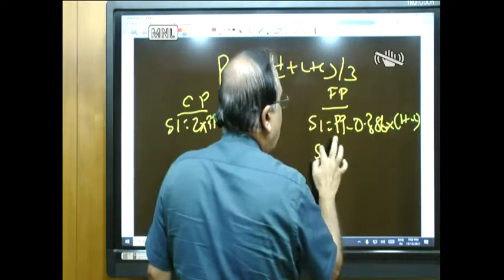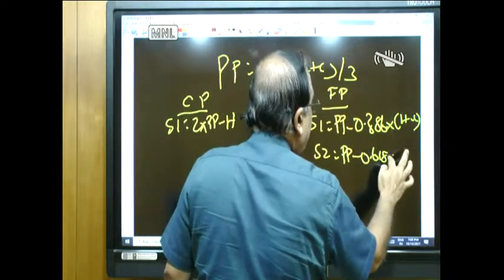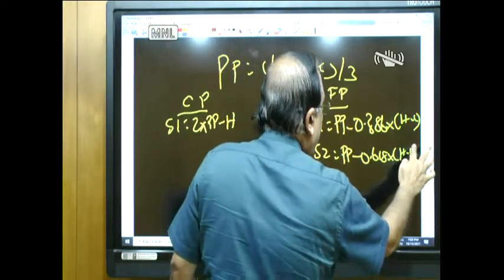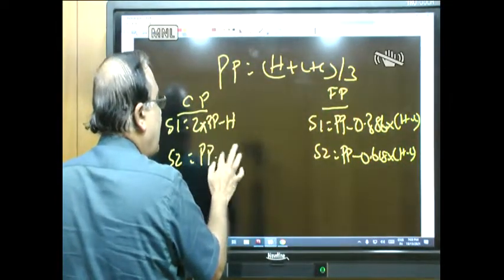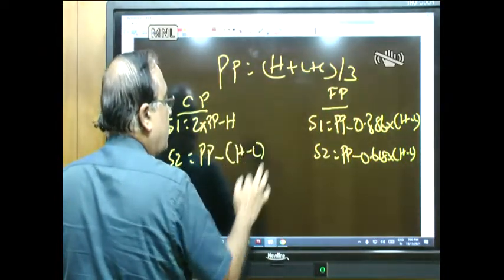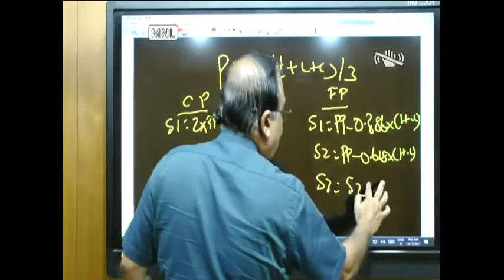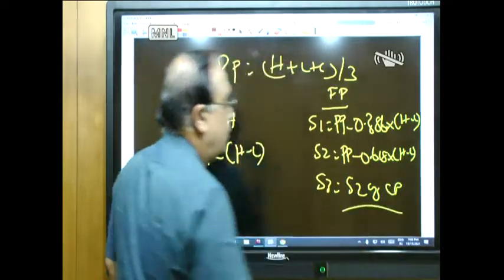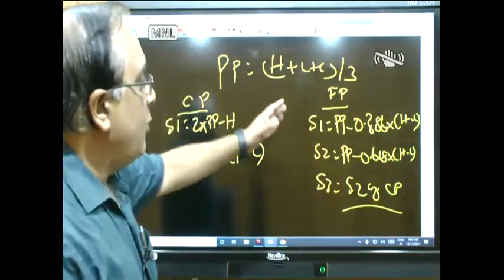Here S2 is PP minus 0.618 of the previous day range, and in classic pivot S2 is PP minus previous day range. And here S3 is the S2 of classic pivot.